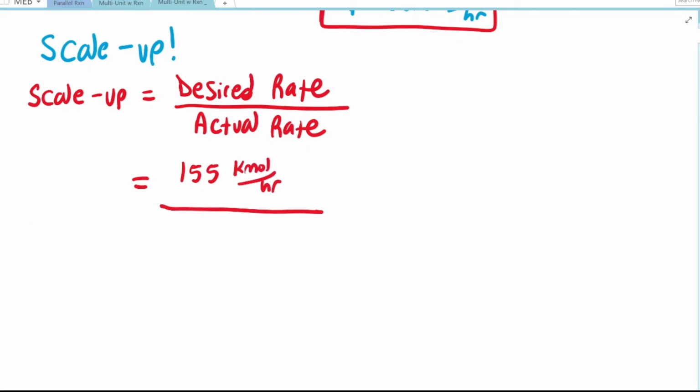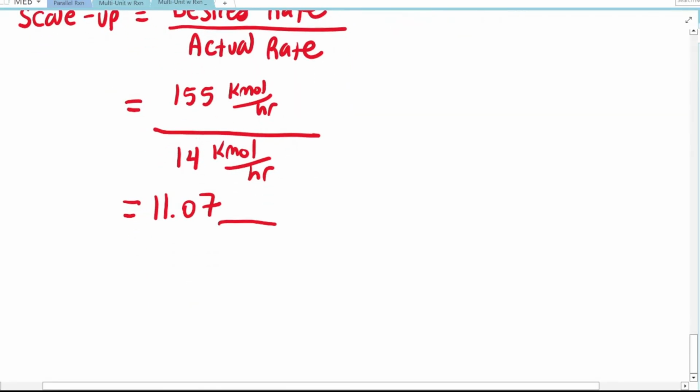And if you recall, and you can look through your notes, the flow rate for methanol when we assumed the basis was 14 kilomoles per hour. So we're going to get a scale-up factor of 11.07. If you want to be closer to the true value, you can give yourself a few more decimals. But for the sake of this video, this will be sufficient.